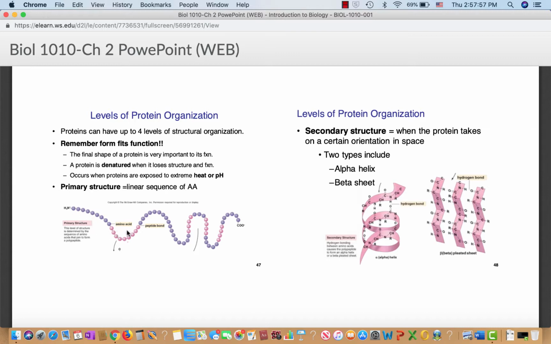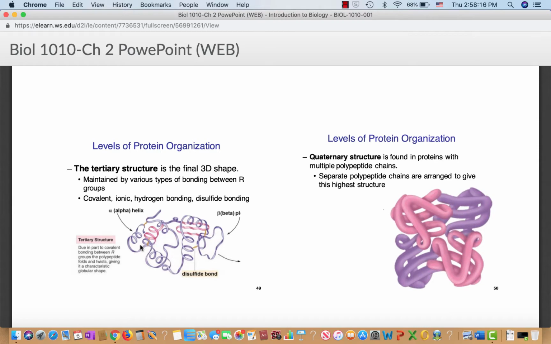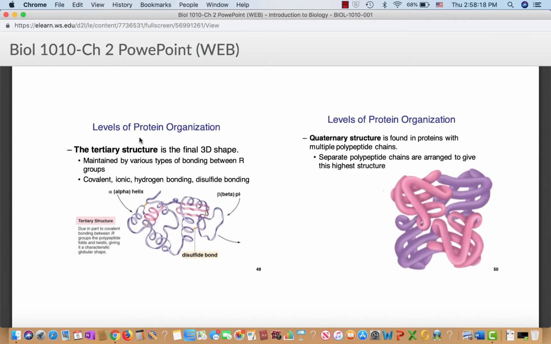You just form this chain, and some of them are hundreds or thousands of amino acids long. In secondary structure, you start to have hydrophobic, polar and nonpolar interactions within it, and they'll form alpha helixes and beta sheets. Those then interact with each other to create this tertiary 3-dimensional configuration of the protein.